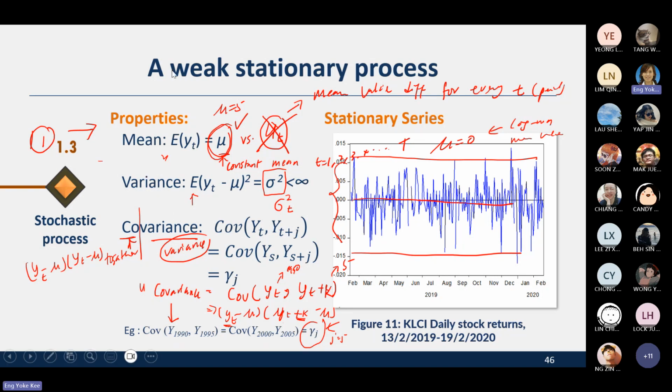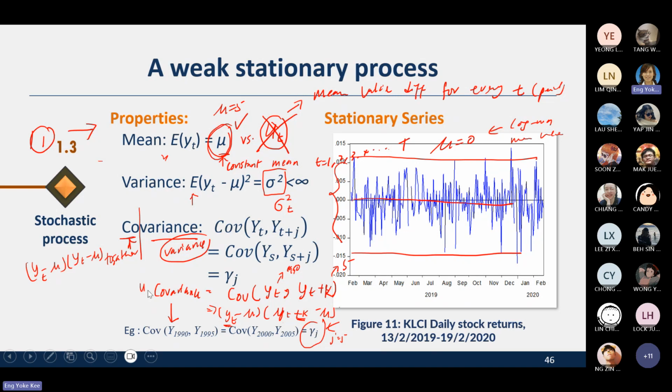So for any weakly stationary time series data, you will see that the mean is constant, the variance is also constant, the covariance also constant. So these are the characteristics that we want to see. If a time series data show you these 3 characteristics, then we can claim that this time series data are weakly stationary.